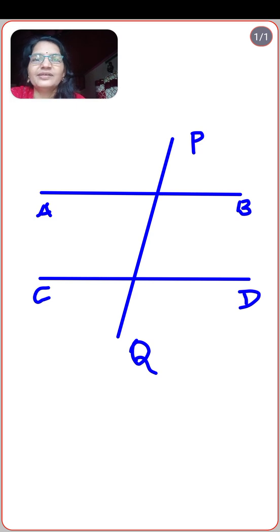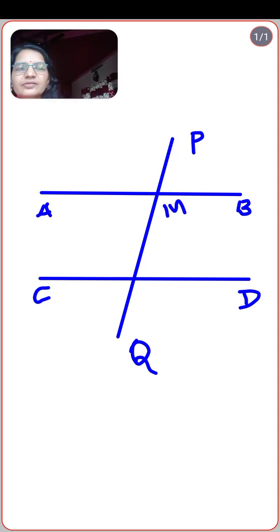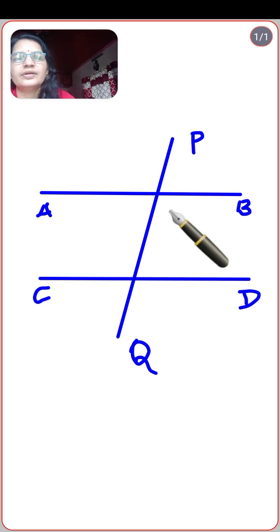What is the name? Transversal. PQ is a transversal of AB and CD, which intersects AB at M and CD at S.